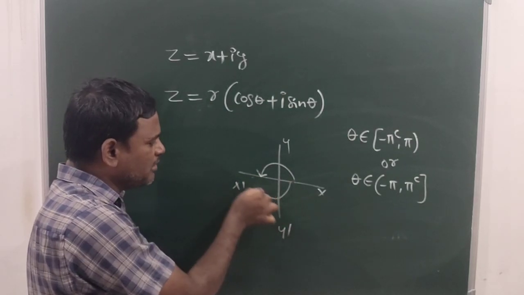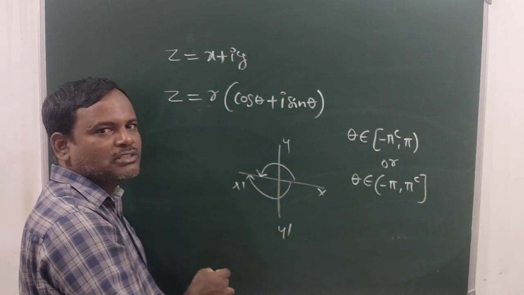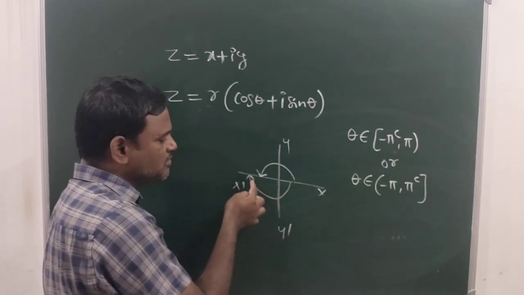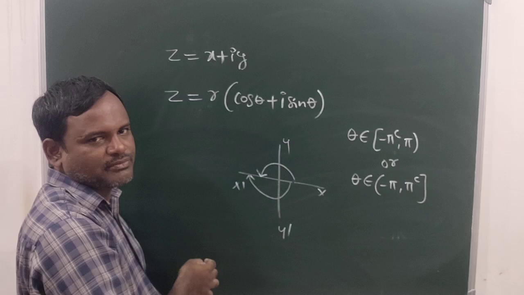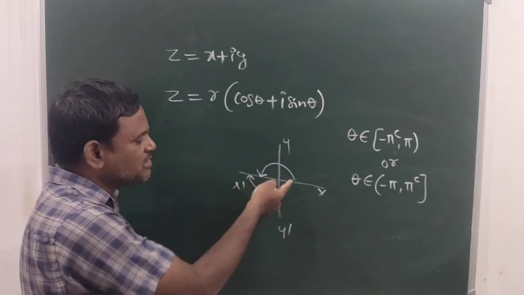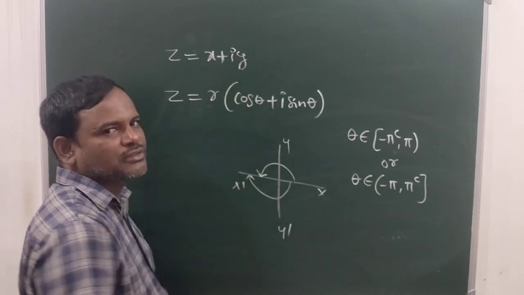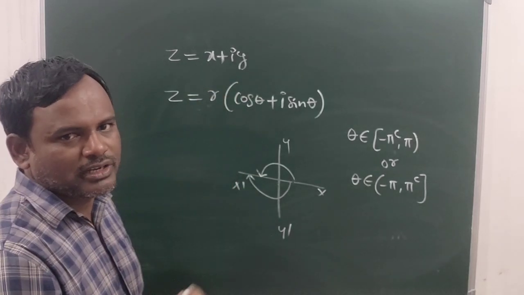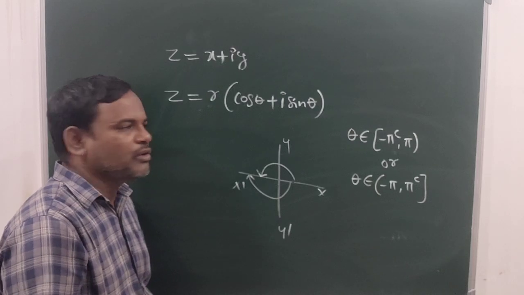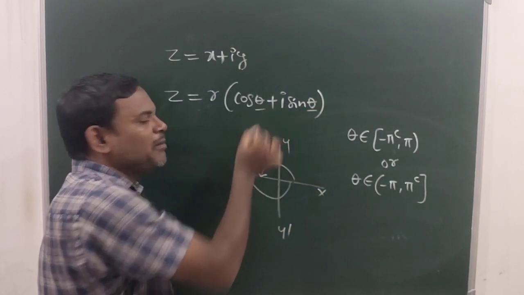So from here to here, 0 to minus pi. So this interval represents one complete rotation. Okay, students. So in this complete rotation, this gives one solution. That is called the principal solution, or you can call it principal amplitude.